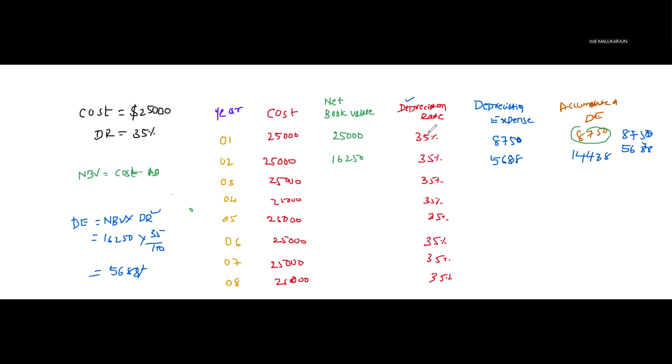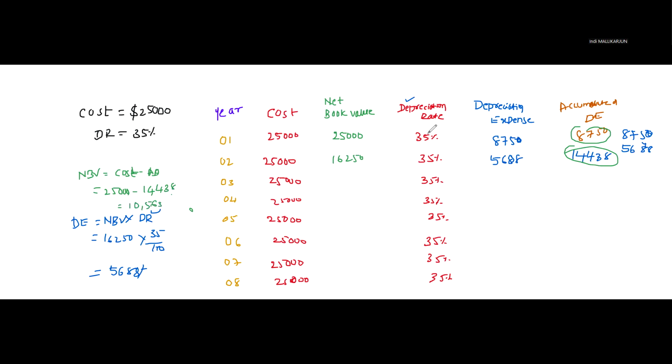Next you have to calculate net book value for the third year, right? For the third year, how much is it? It is again 25,000 minus the accumulated depreciation, which is now 14,438. How much do you get here? 10,563.